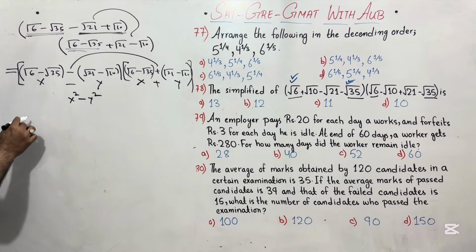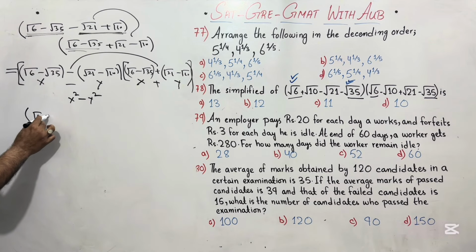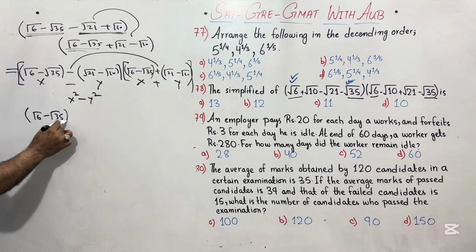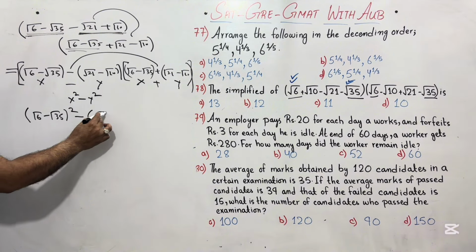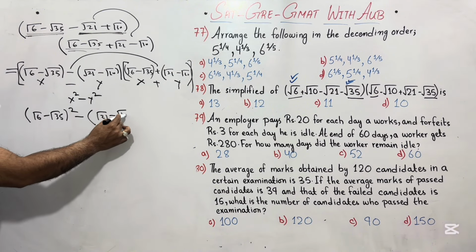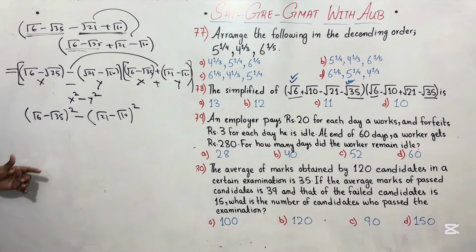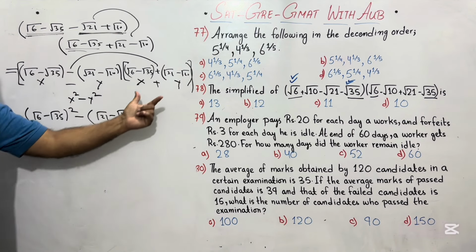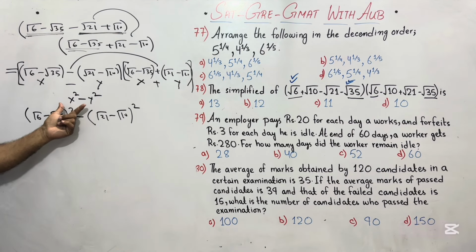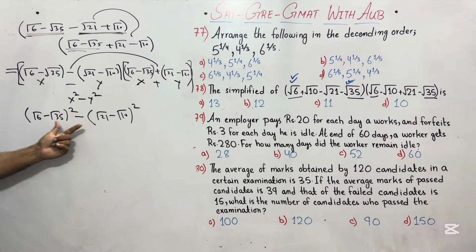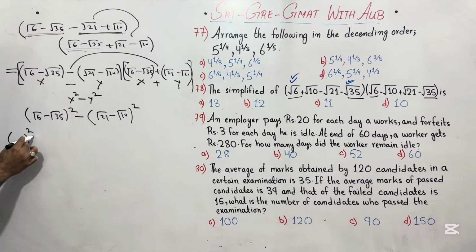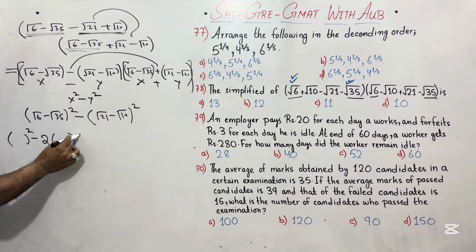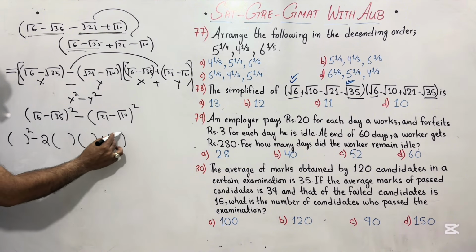In our case, x is (√6 − √35) whole square minus (√21 − √10) whole square. This is our x minus y, x plus y. That is the situation of difference between two squares, x square minus y square. Our x is this, our y is this. Open this up. A square minus twice first into second plus square of second.